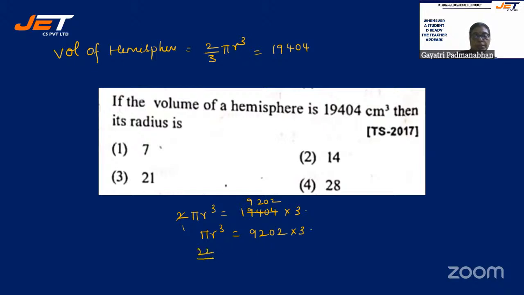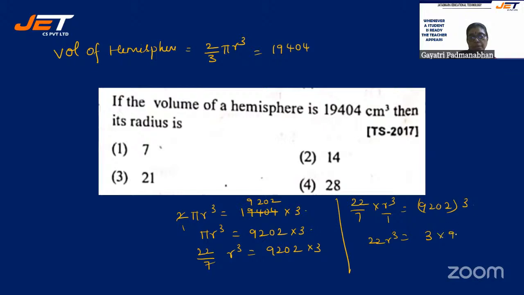Pi is nothing but 22 by 7. So 22 by 7 into r cube is 9202 into 3. Right? So 22 r cube is 3 into 9202 into 7.